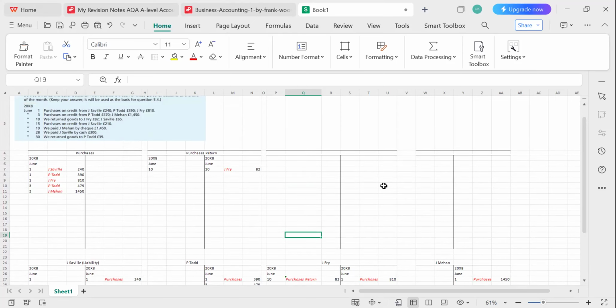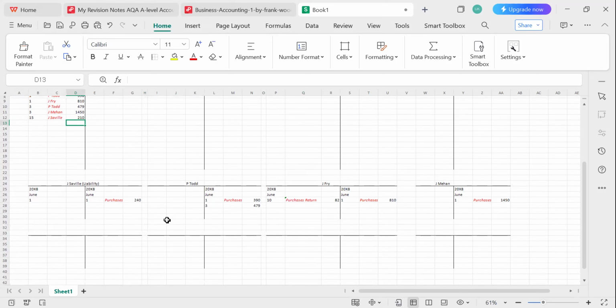Then we have purchases on credit from J7. It means we purchase some more products from J7. So we debit purchases and credit J7. What's the amount? 210. Let's credit J7.